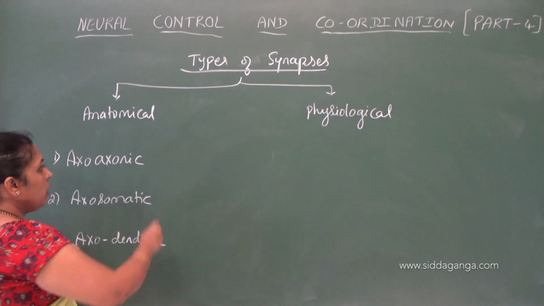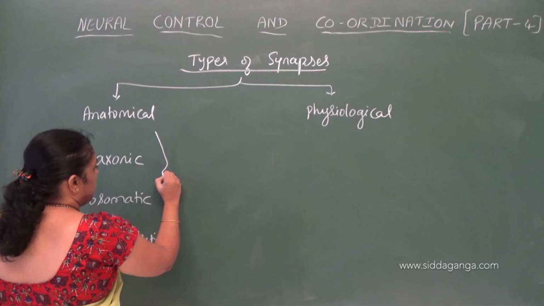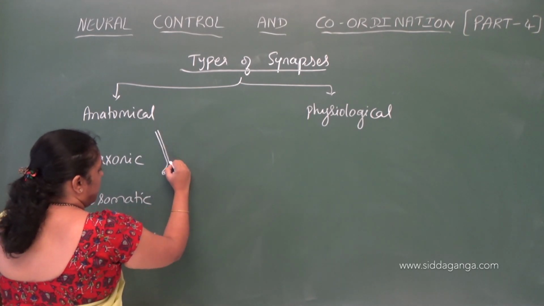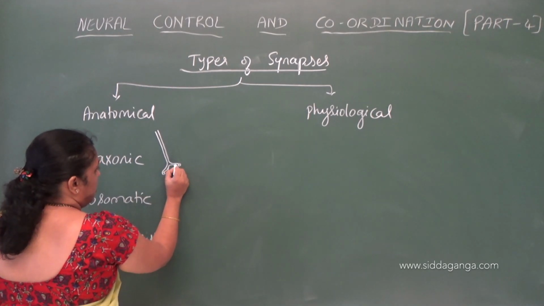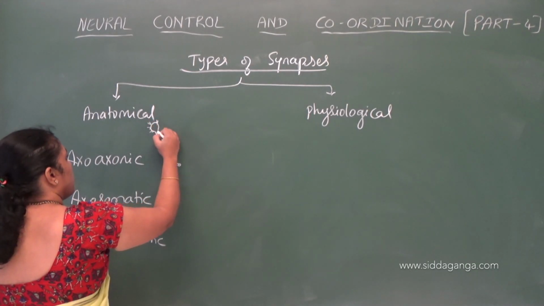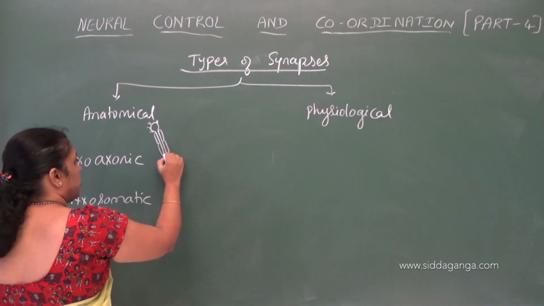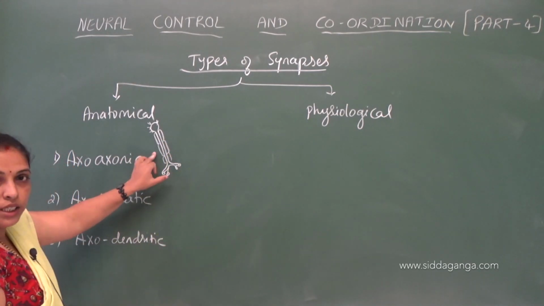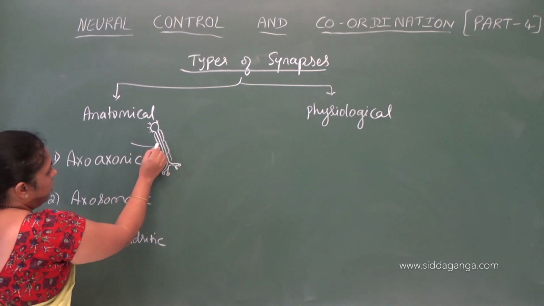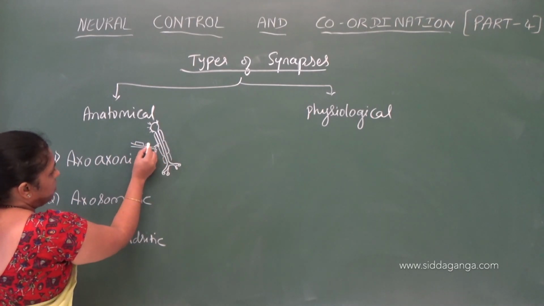Axo-axonic. So this is an axon, and this is one more axon.